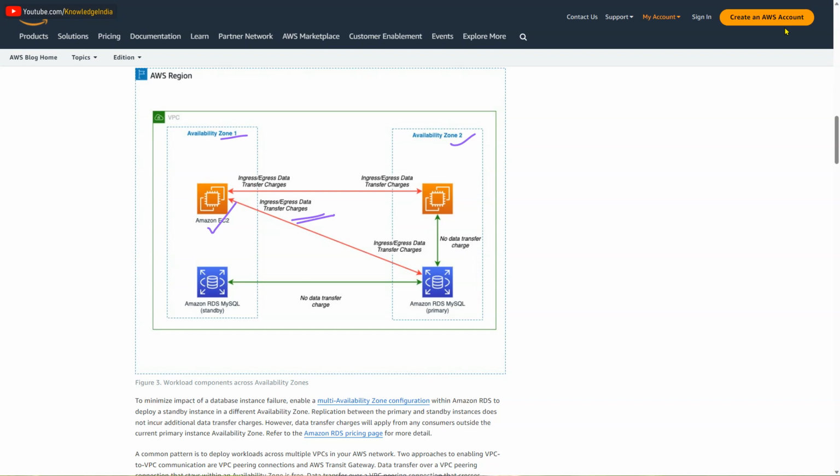So when you are using multi-AZ RDS and your EC2 instances span multiple availability zones, you will incur some data transfer charges for sure. To follow the principle of high availability, you span your EC2 instances across multiple availability zones, and your multi-AZ RDS instances are also in multiple availability zones, so traffic will flow across AZs.